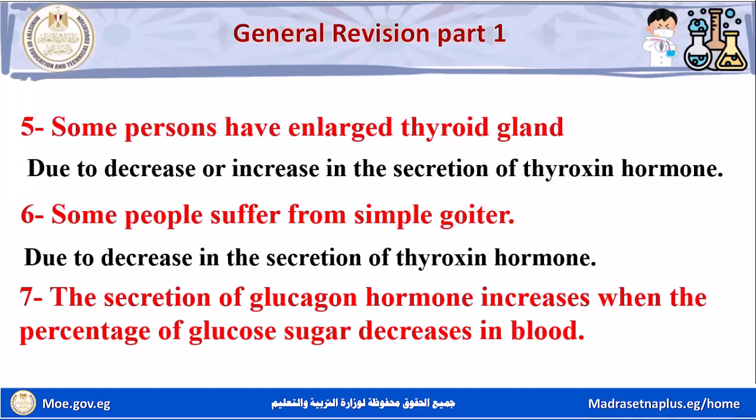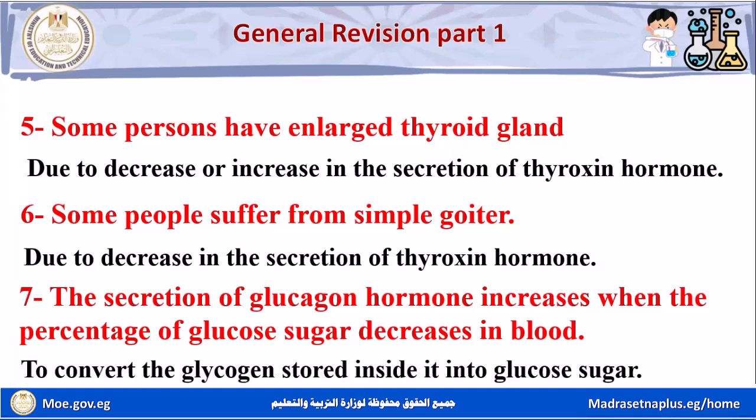Question number 7. The secretion of glucagon hormone increases when the percentage of glucose sugar decreases in blood, to convert the glycogen stored inside the liver into glucose sugar.